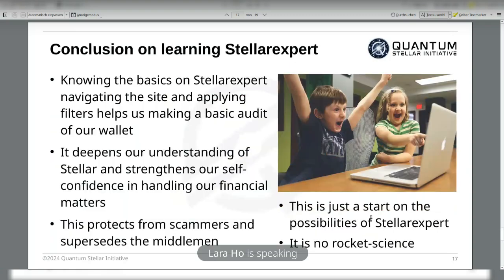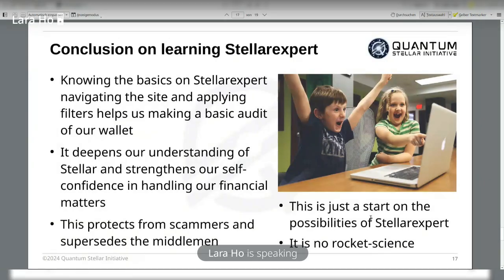So what is our conclusion on learning how to audit our own ledger using Stellar Expert? Knowing the basics of the Stellar Expert site and knowing how to apply filters helps us making a simple audit of our own wallet. It deepens our understanding of Stellar and strengthens our self-confidence in being able to handle our own financial matters.